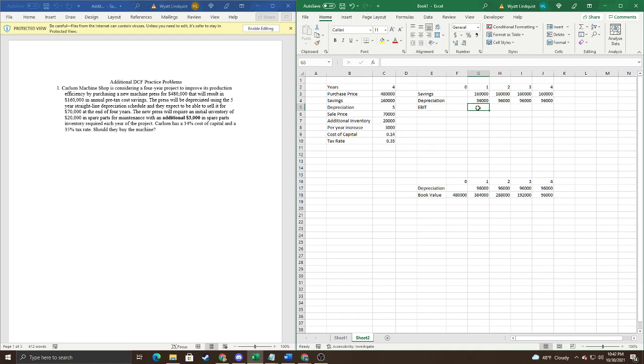Now technically these aren't earnings because, I mean, savings don't really increase earnings, but this is how we do it for most of the time, so we're just going to stick with it.